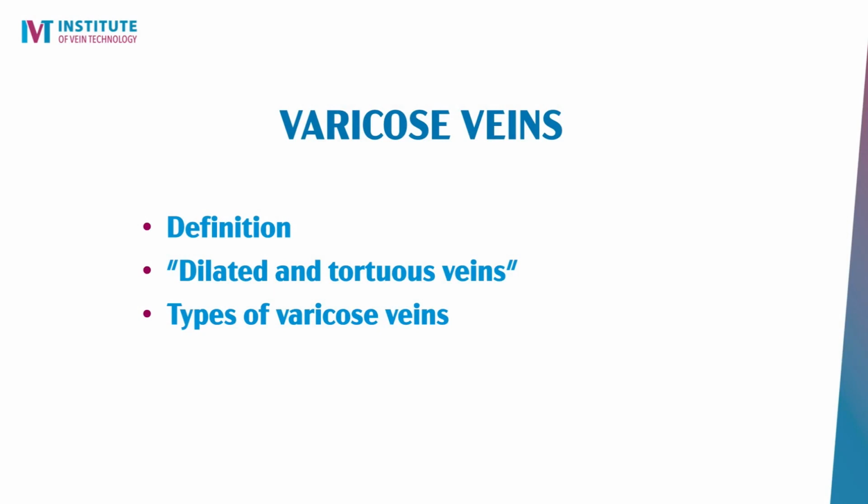And there are a lot of types of varicose veins actually. For academic purposes, the CEAP classification is a very complex classification, and as I told you, much more academic. For our course, we are going to use a very simple definition.